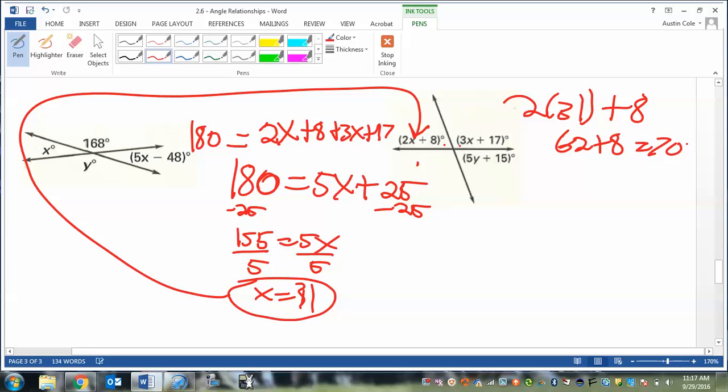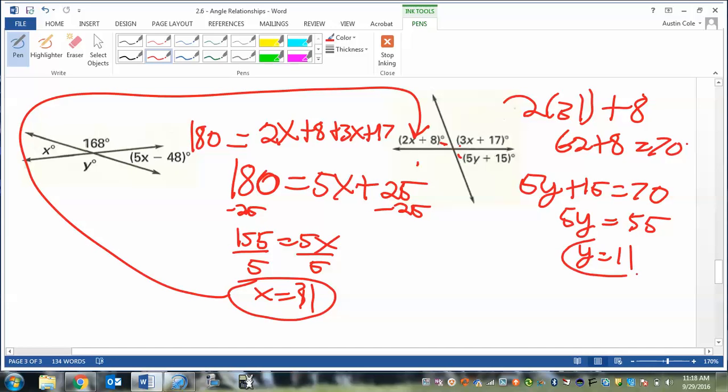So then, since these are vertical angles, we know that 5y plus 15 has to equal 70. Okay? 5y equals 55, y equals 11. That's our other answer. Anybody have any questions?